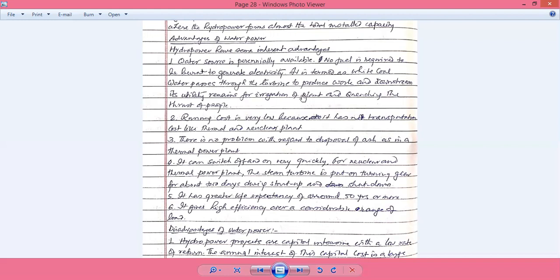Water passes through the turbine to produce power, and downstream the utility remains for irrigation of plants and quenching the thirst of the people. So the outlet water is not wasted, but can be used for irrigation and also for drinking purposes. Water is available perennially. We don't have to create anything.